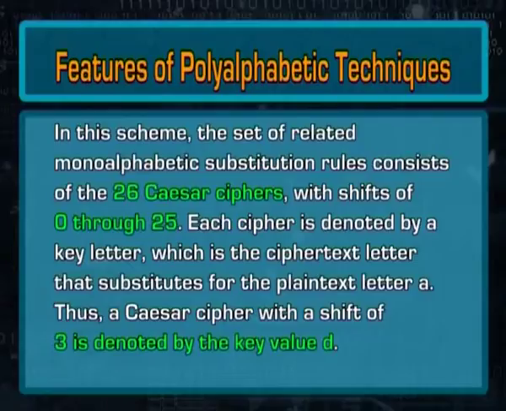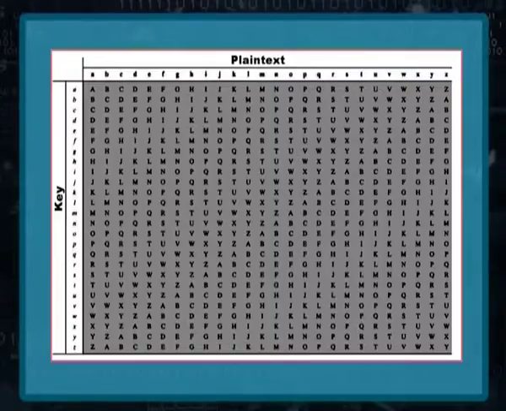So, each cipher is denoted by a key letter, which is the ciphertext letter that substitutes for the plain text letter A. Thus, a Caesar cipher with a shift of 3 is denoted by the key value D. To aid in understanding the scheme and in its use, a matrix known as the Vigenere table is constructed.